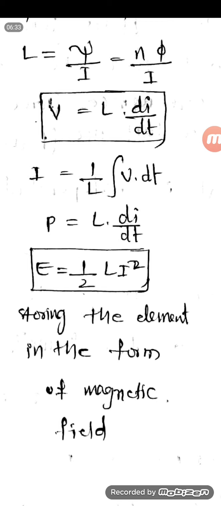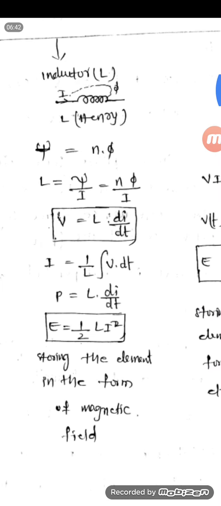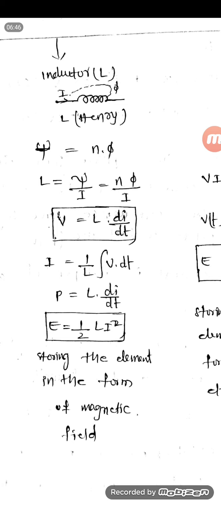Whereas the energy equation is equal to half L i square. The inductor has the property of storing energy. Assume you have one sister. If your father gives 100 rupees, definitely at the end of the day your sister will store at least 10 rupees.